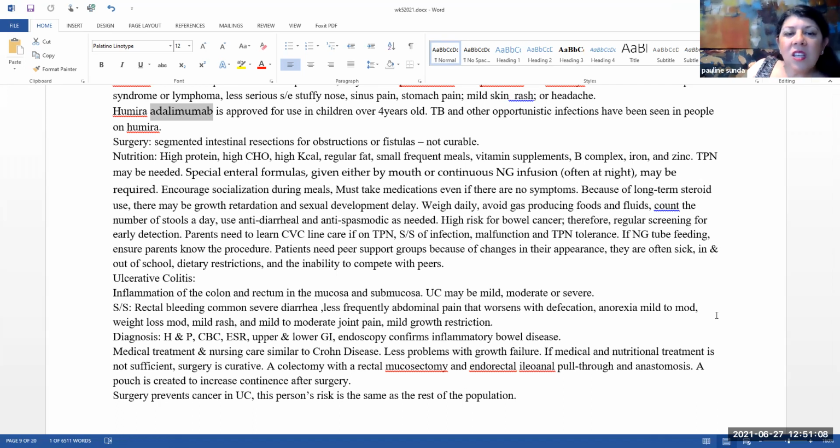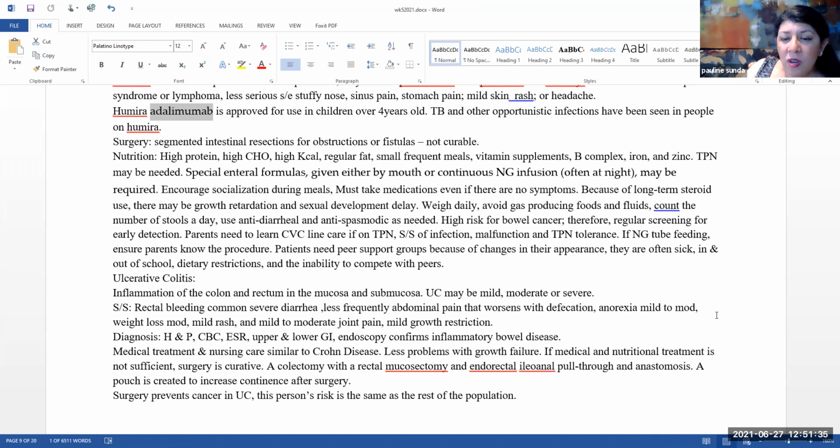Parents need to learn how to use a central venous catheter line because, as I mentioned before, these children will often be on TPN, so parents will need to know how to manage a central line. Signs and symptoms of infection, malfunction, and TPN tolerance all need to be taught to the parent. If they are on NG tube feeding, make sure, again, the parents know how to do the procedure.